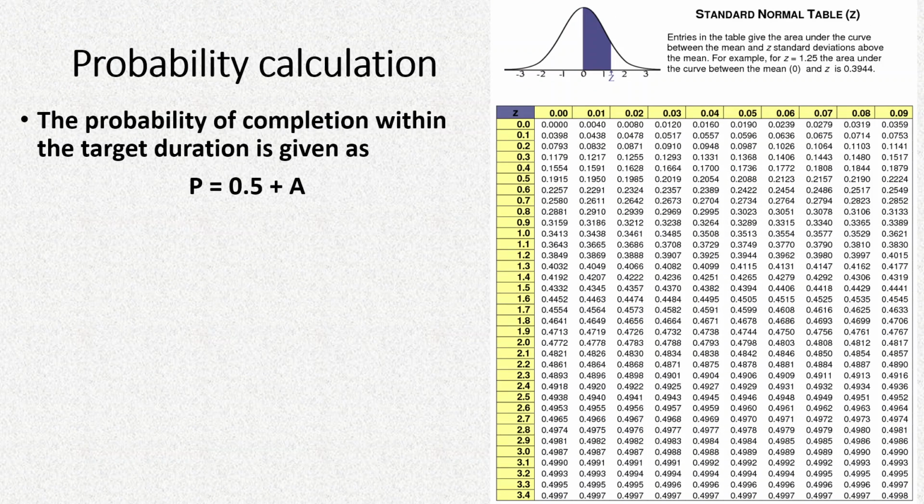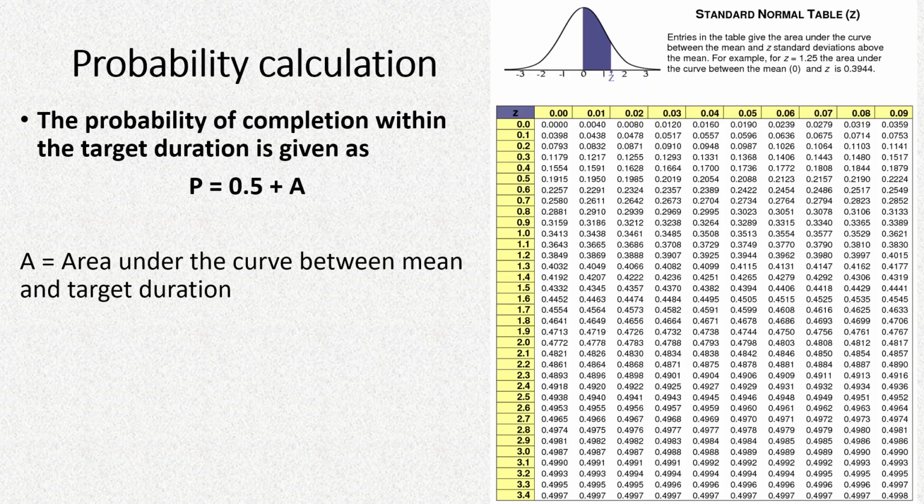The probability of completion within a target duration will be given as 0.5, because we have to add the 50% probability which is up to the mean, and on top of that we have to add the extra probability which is up to our target duration, where A is the area under the curve between the mean and the target duration, which will be given by the table.